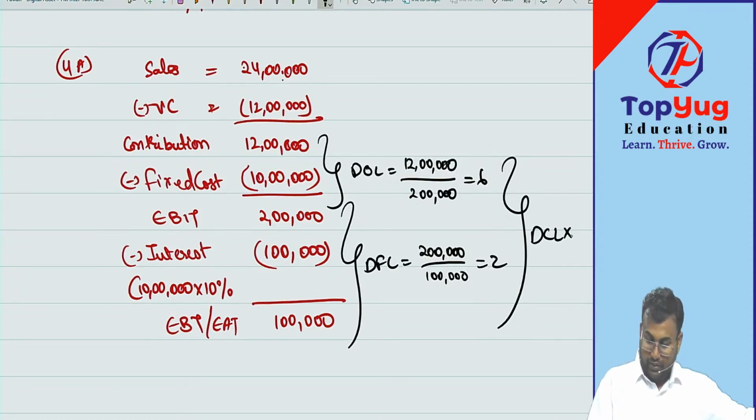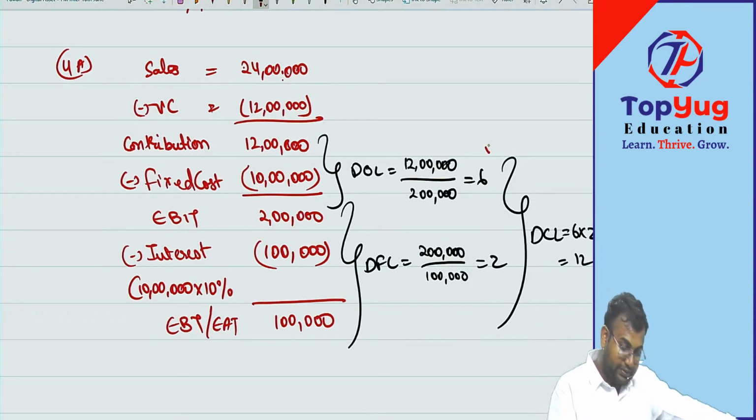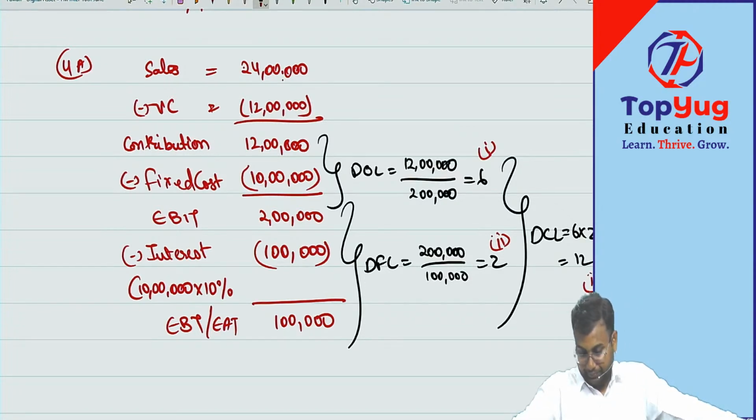DCL: 6 into 2, that is 12. So you have your first bit, second bit, and third bit.